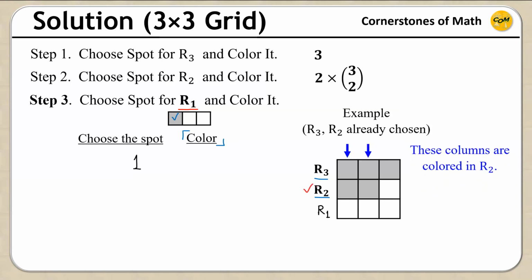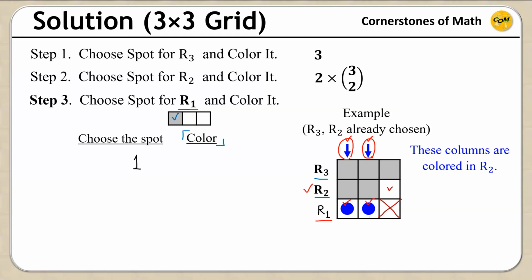In row R2, there exist 2 column indices indicating the positions of the colored squares. When we choose the square to color in row R1, we only choose squares from these 2 columns indicated by arrows. That is, we choose either this square or this square, but not this square where the corresponding column in R2 is uncolored.